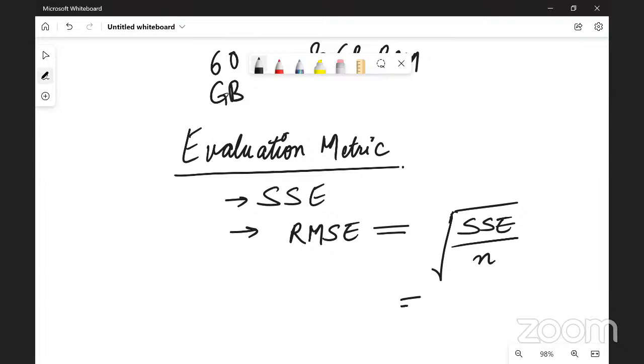Let's say your RMSE comes out to 1.2, and you are measuring prices of houses. So you can say on average your model makes 1.2 lakhs of mistake per prediction. So this becomes more interesting. That is why RMSE is preferred.